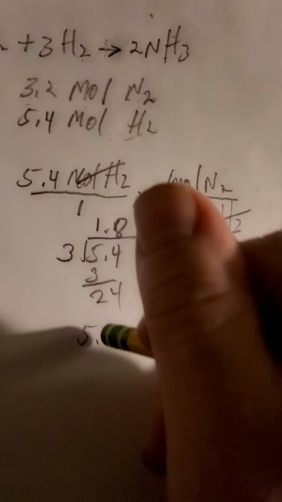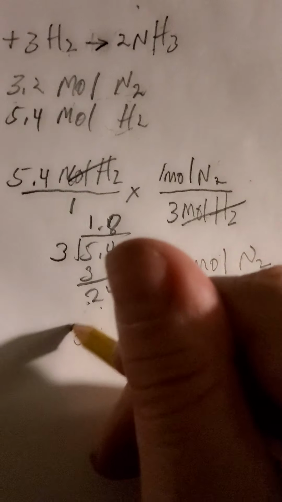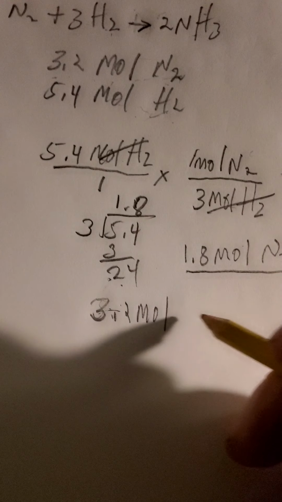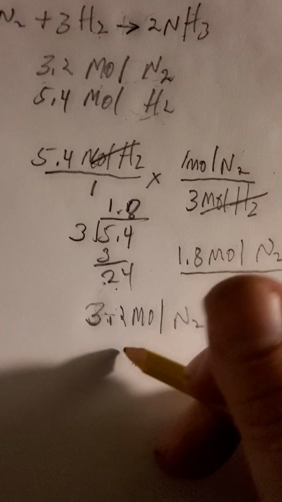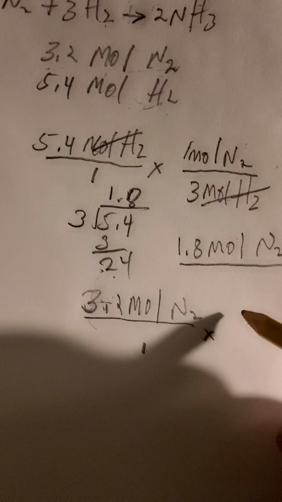Let's start out with 3.2 because I'm checking the other one now. So you have 3.2 moles of this nitrogen, and you want to find out how much hydrogen you need.